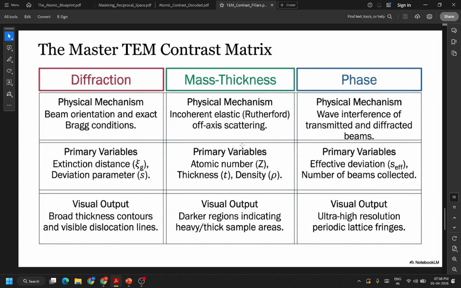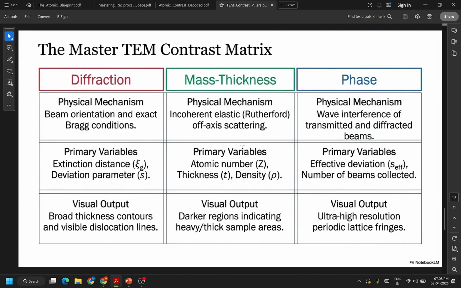For diffraction, the parameters are extinction distance and deviation parameter. For mass thickness, the parameters are atomic number, thickness, and density. For phase, the parameters are effective deviation S effective and the number of beams collected.